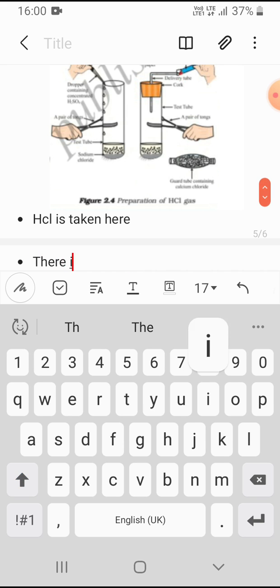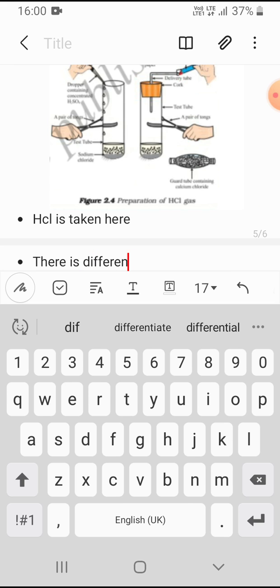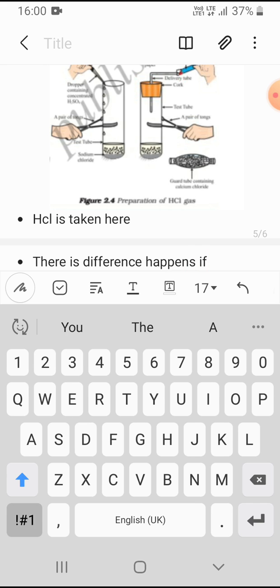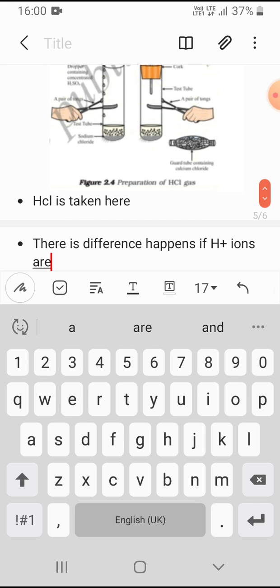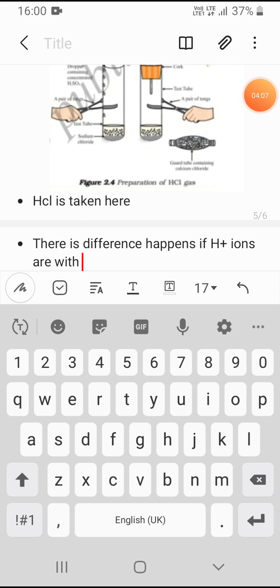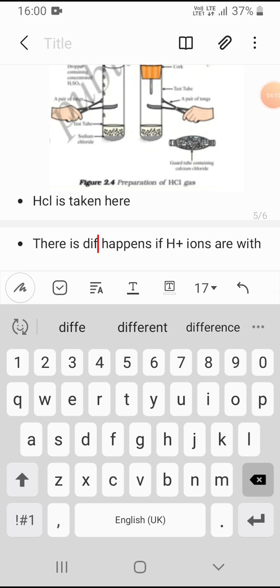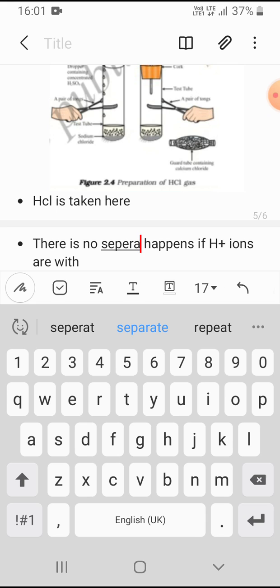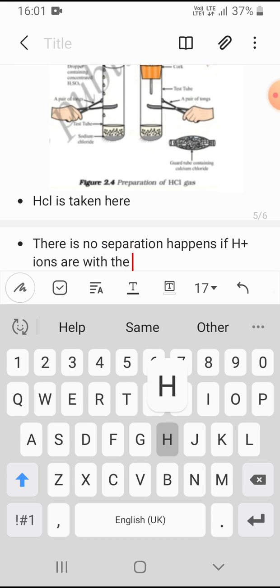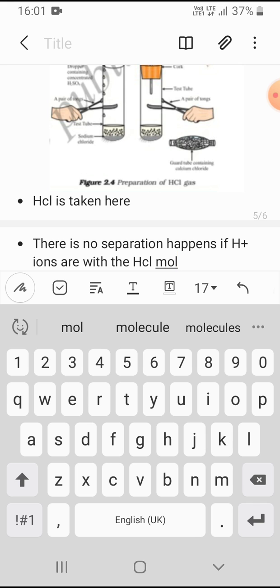There is no separation of H plus ions from the HCl molecules in water.